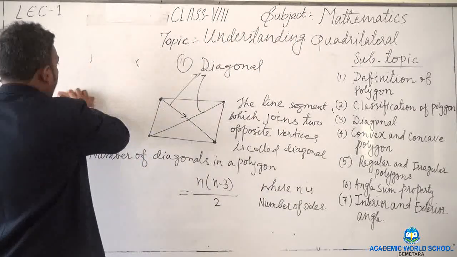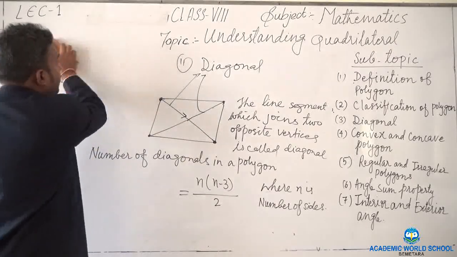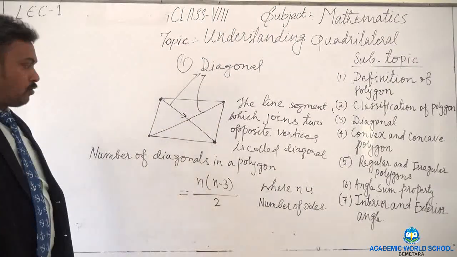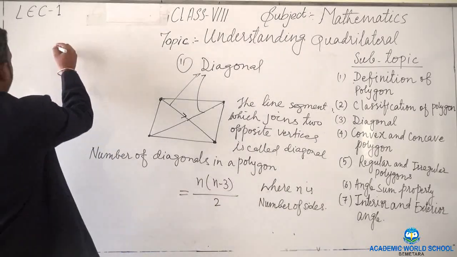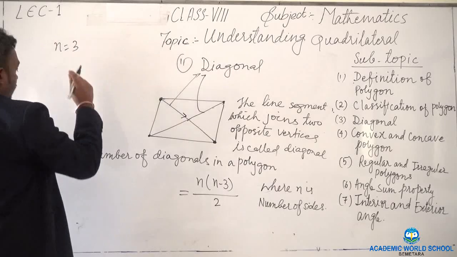We know that in a triangle there are 3 sides, which means the value of n will be 3.